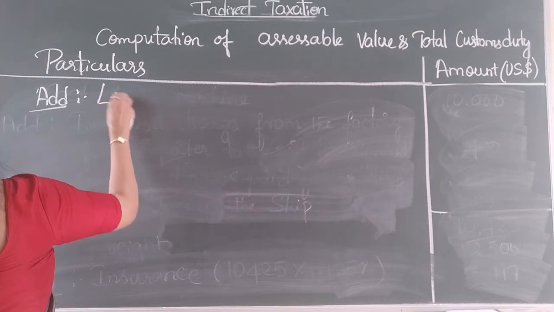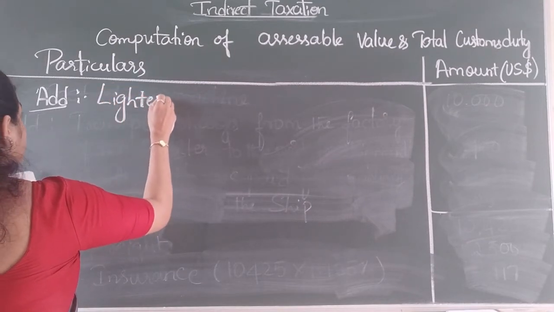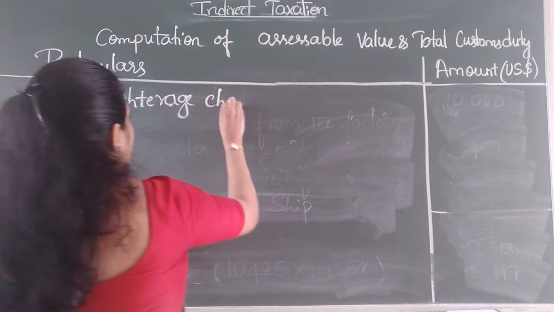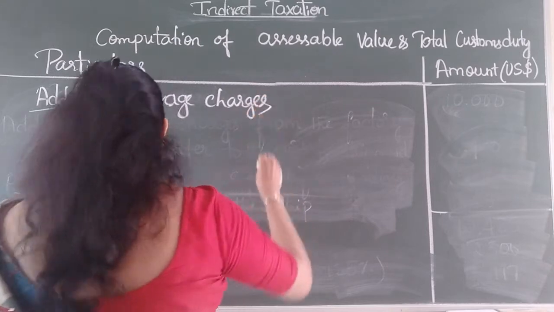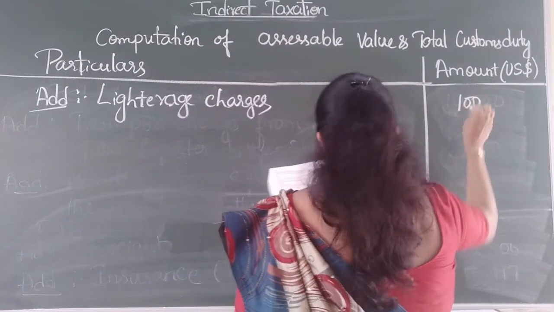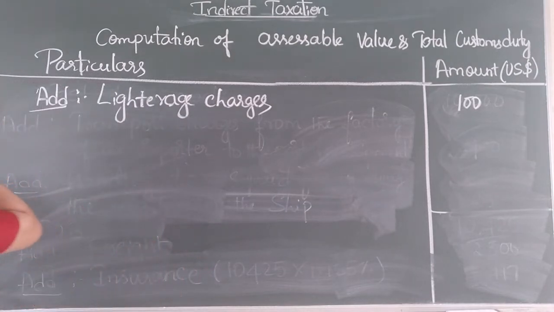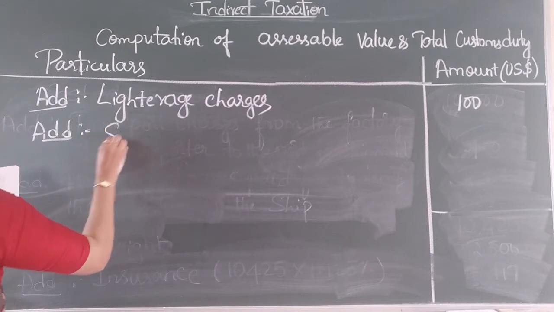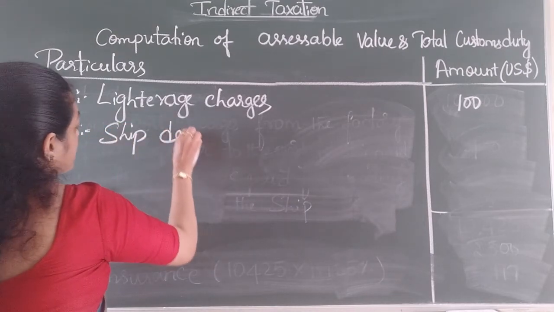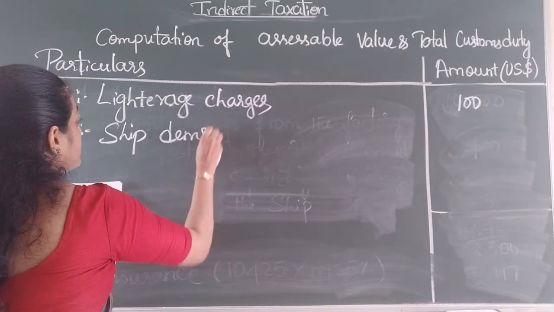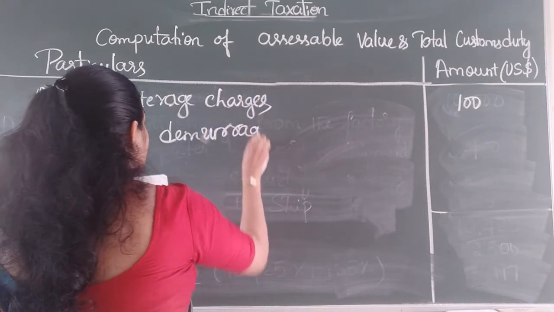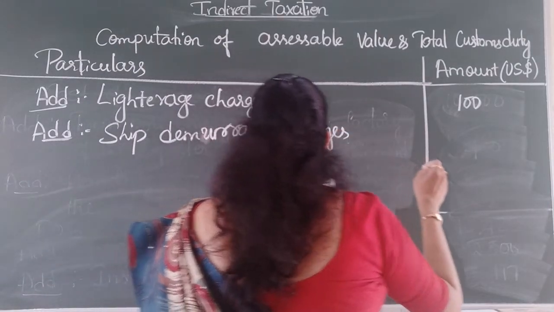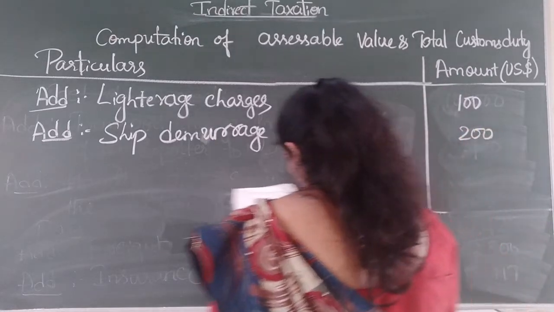Next, after adding insurance 117, you need to add lighterage charges $100, sorry, which they have given in the problem. Then add ship demurrage charges, that is $200.